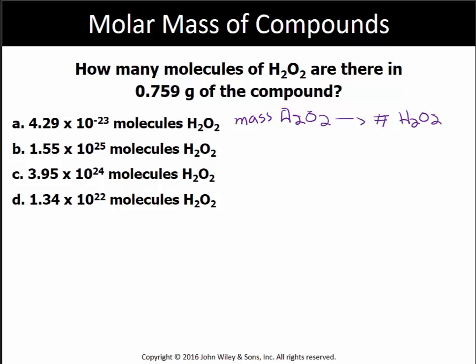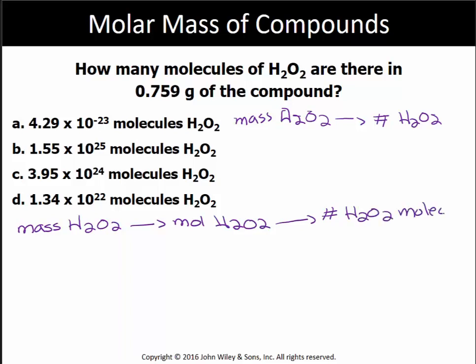So in order to find the number of molecules, we have to find the number of moles first. So from mass of H2O2, we want to find moles of H2O2 first. And once we have the moles of hydrogen peroxide, we want to find the number of hydrogen peroxide molecules.